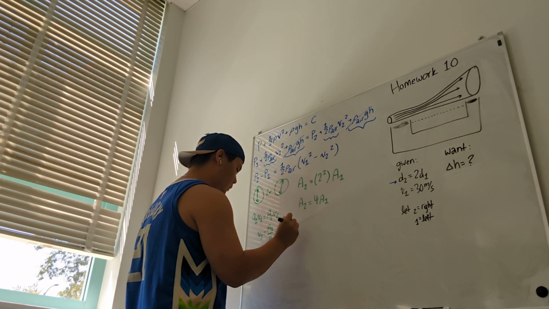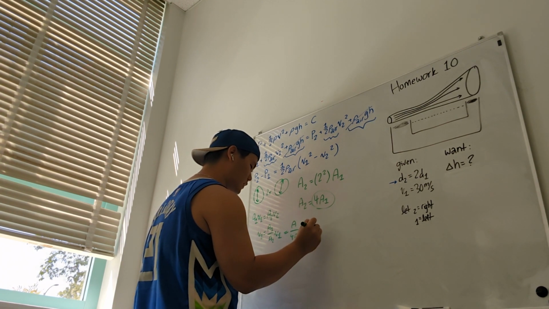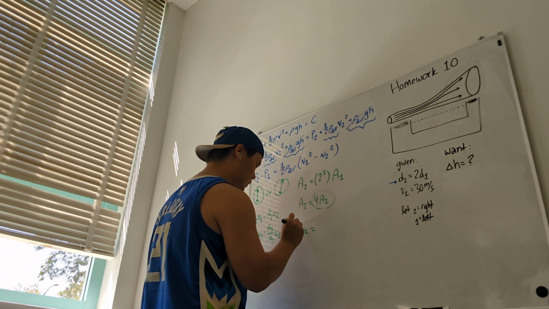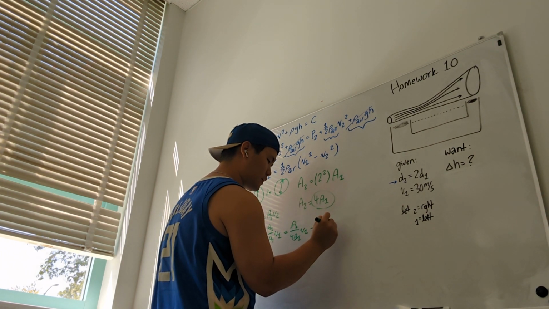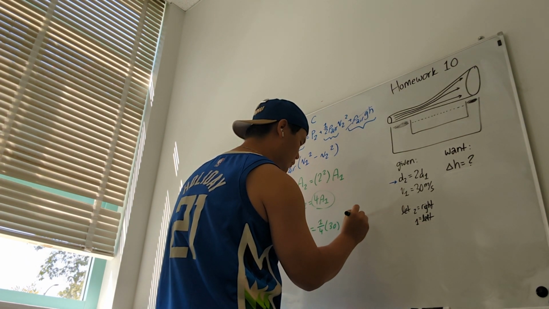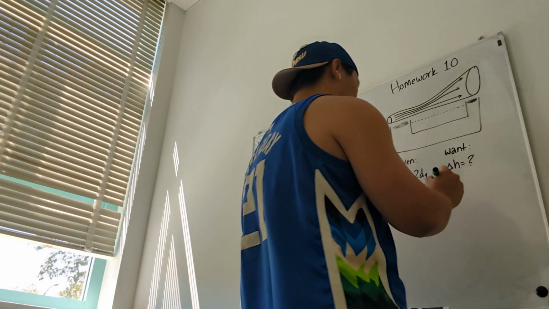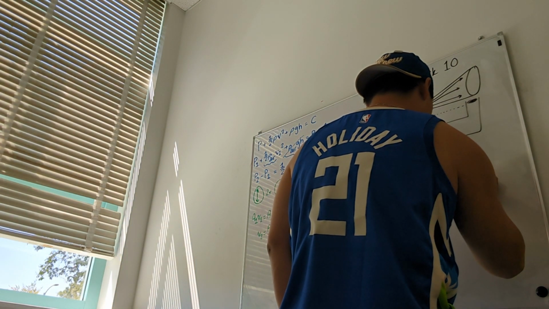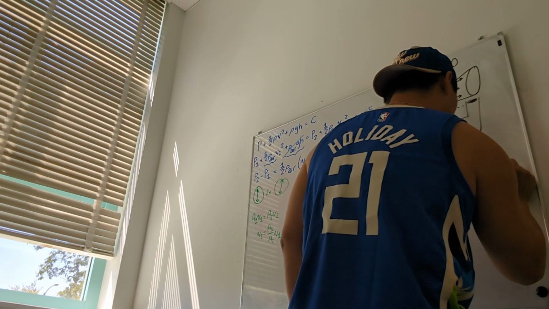That becomes A1 over 4A1 times V1, which is equal to, because we can cancel out that A1 term, 1/4 V1, which is 30, and that gives us 7.5 meters per second, right? Great.